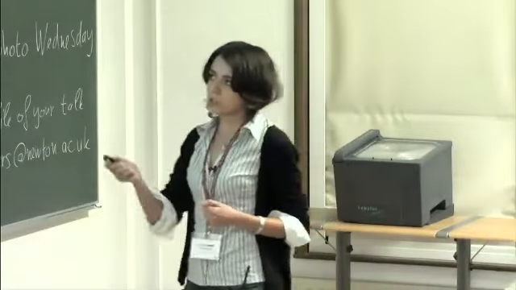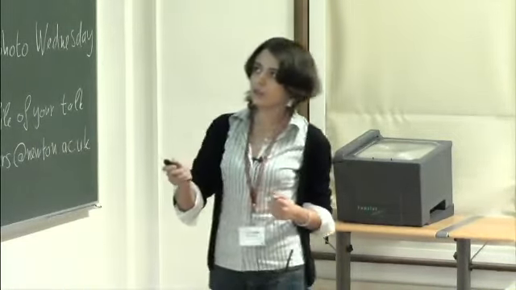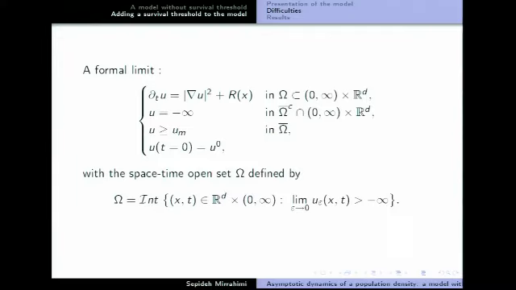So these are just formal calculations, and we can say that a formal limit of the function is this equation coupled with an open set omega, that is the set where the limit of u epsilon is greater than minus infinity. And actually in the interior of omega, u is greater than um, because if it is less than um, then it has to go to minus infinity, and also it verifies this Hamilton-Jacobi equation.